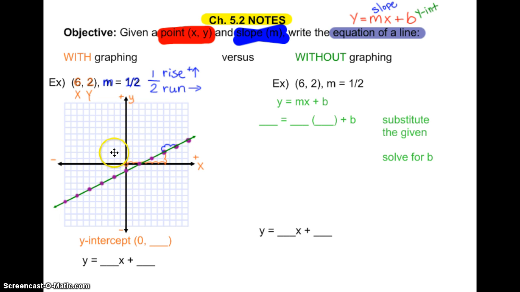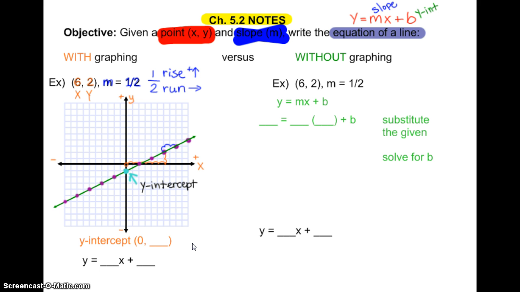This is easier because I can find my y-intercept exact location. Notice the y-intercept is on the y-axis, located at, you guessed it, -1. I'm going to fill that in. The y-intercept is a value.